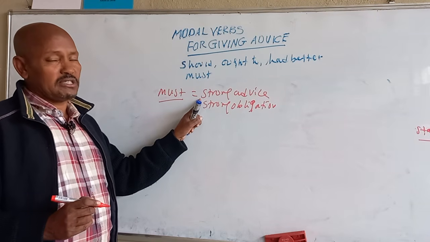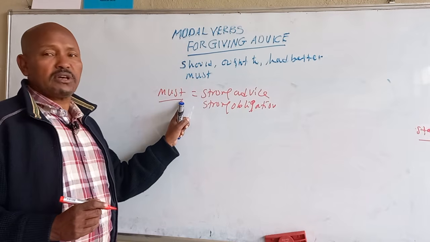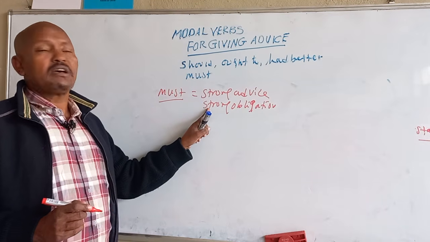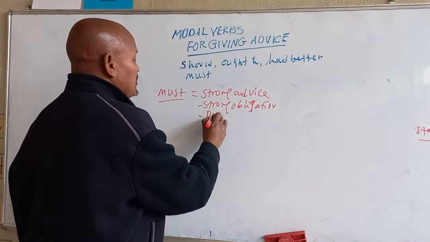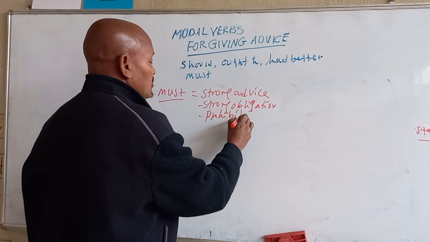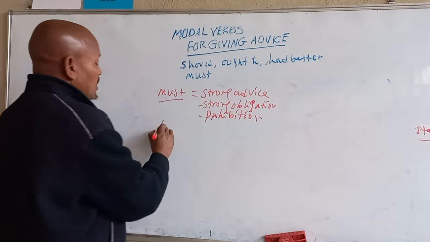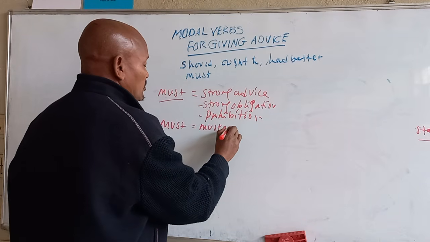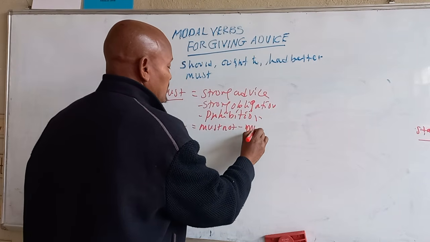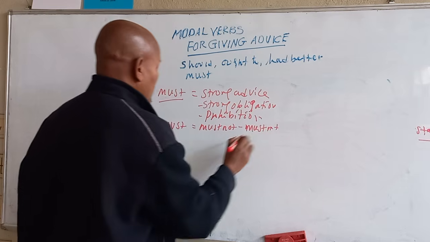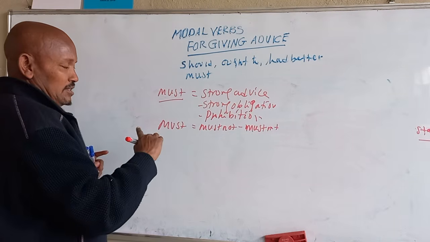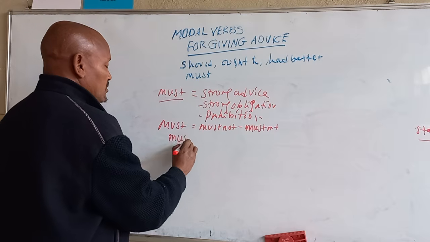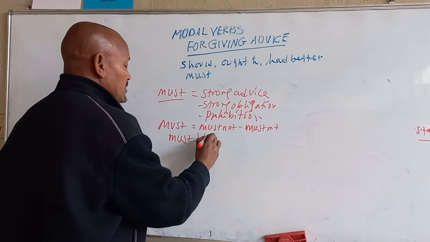But when we want to give strong advice, strong obligation, and also prohibition, we use must. The negative form of must is must not, or mustn't. Must plus verb 1.